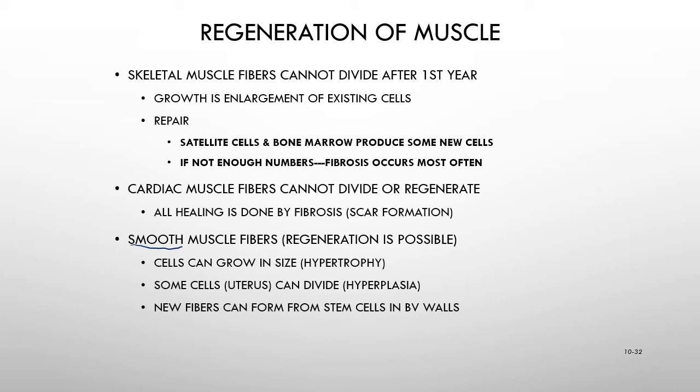Especially remember for skeletal muscle, it is the combination of multiple individual cells fusing to one another, and so we don't have that ability. There has been some research, especially with cardiac muscle, looking into the use of stem cells in order to regenerate cells after things like a heart attack.